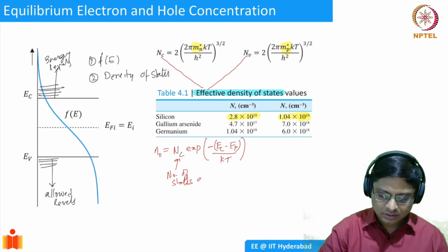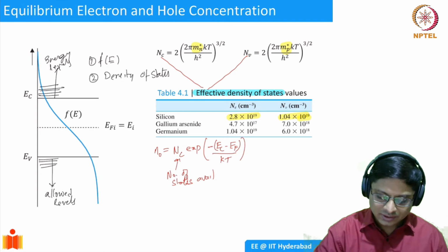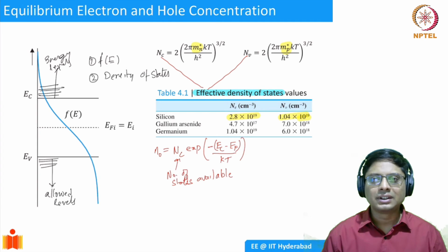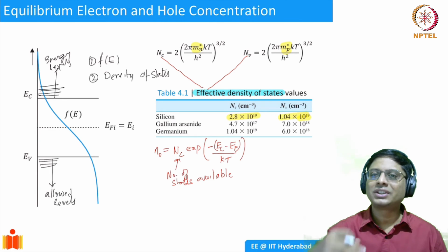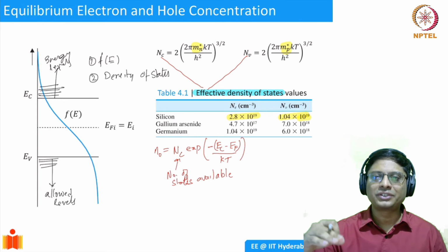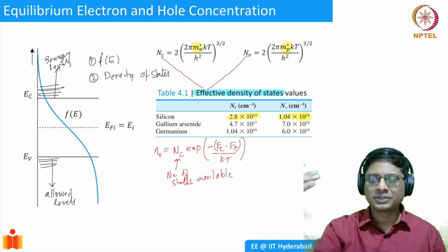So since your carrier density has to be smaller than this, the exponential has to be negative. If it is positive, the electron concentration would be higher than the effective density of states, which is not realistic.